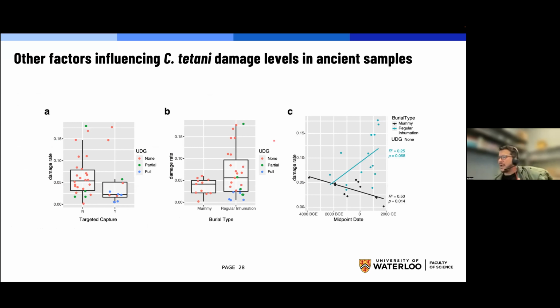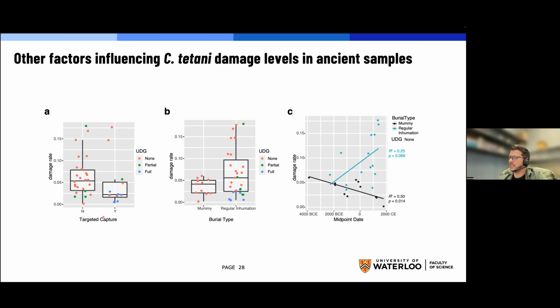There are some other factors that seem to be affecting the damage levels, such as whether capture methods are used. This is a type of targeted sequencing where you use baits to pull out or enrich target microorganisms or target genomes that you're interested in.